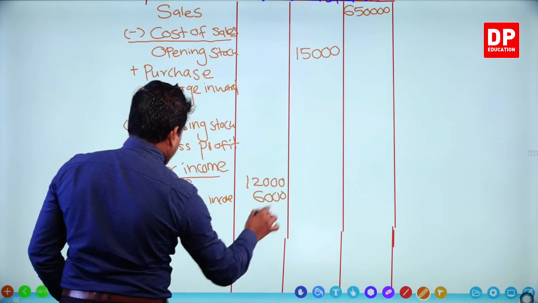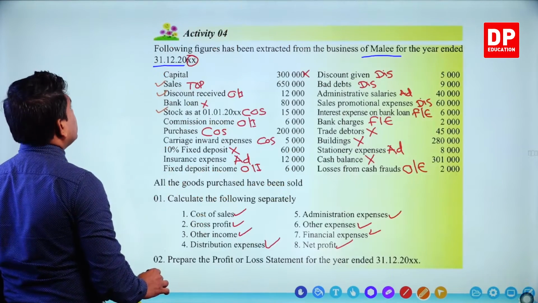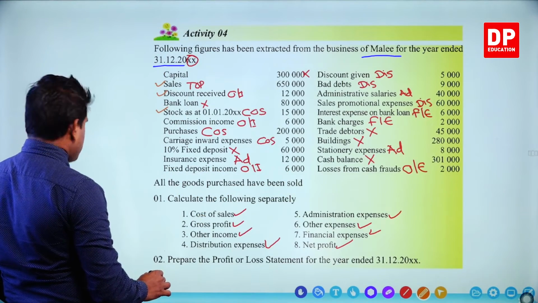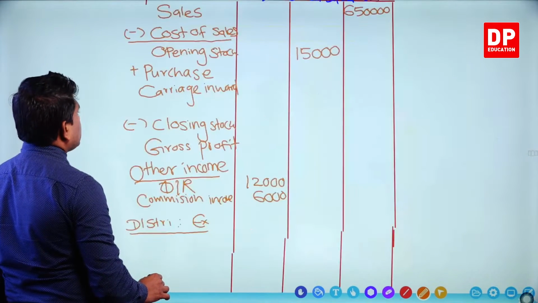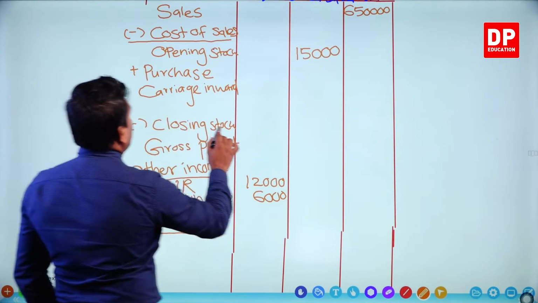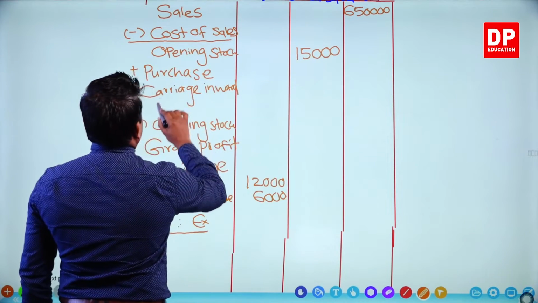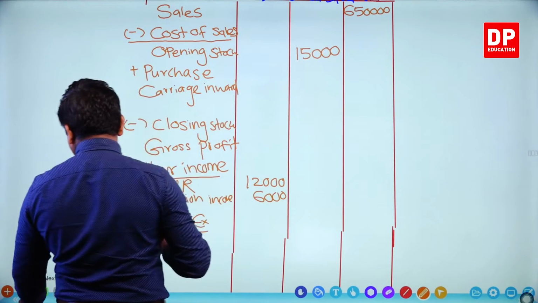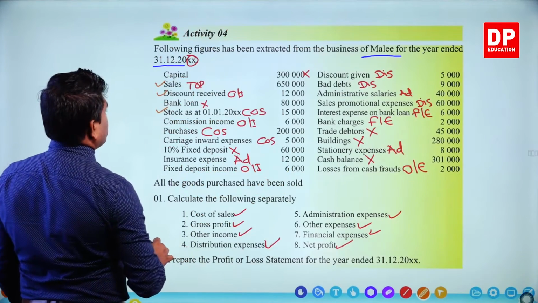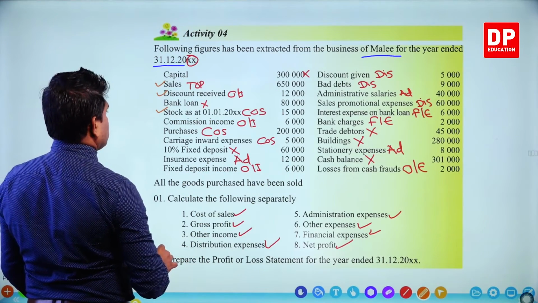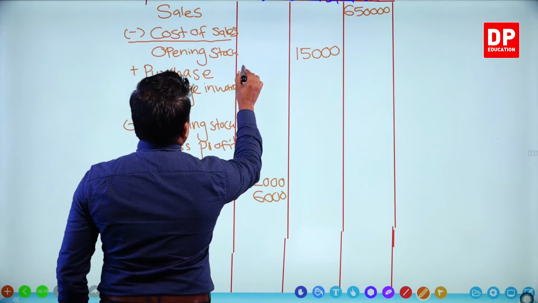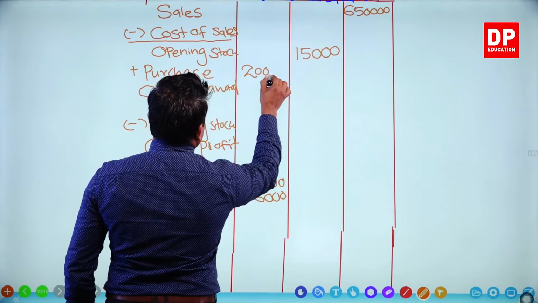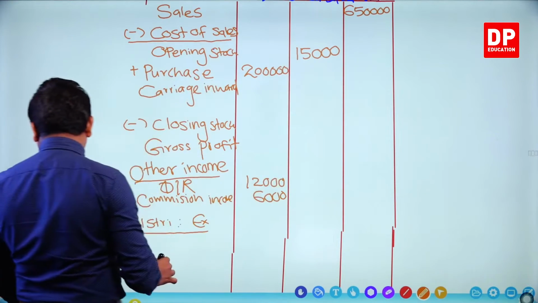Okay. We put it under the other income category. Then purchase. Yeah, purchase. Here you see the value, how much? Purchase 200,000. Purchase 200,000 we put here. Right, next one.